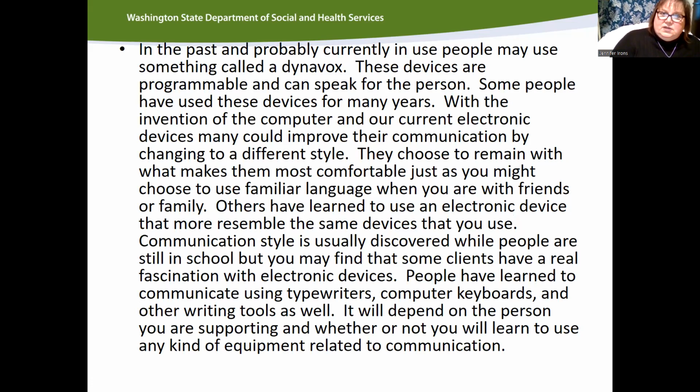Most people use a computer system called the Dynavox, where it speaks the words for them as they press on different pictures. And I've had people in the past who have used those. It does take some patience to let them go through the motions of typing up what they want to say so we can hear them.